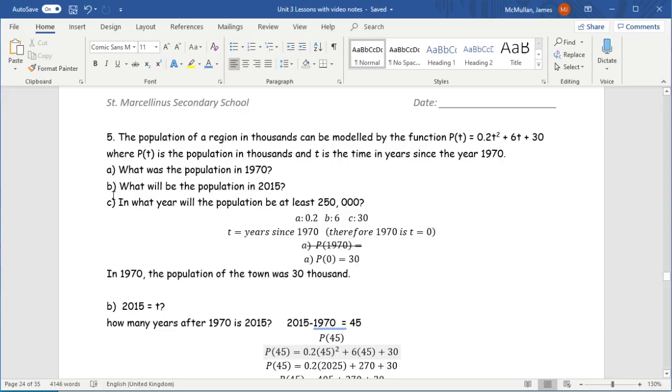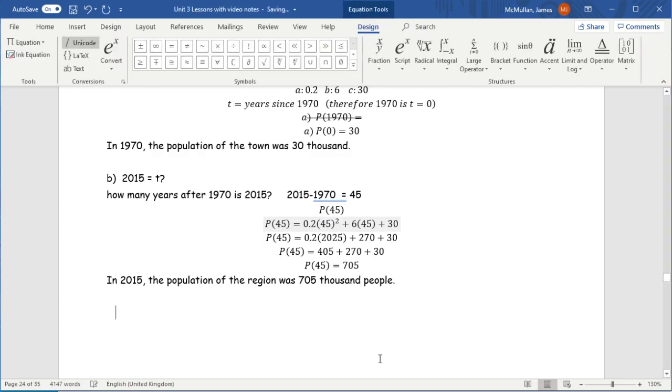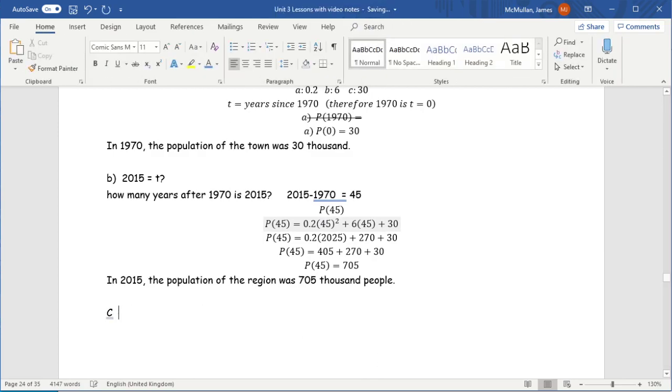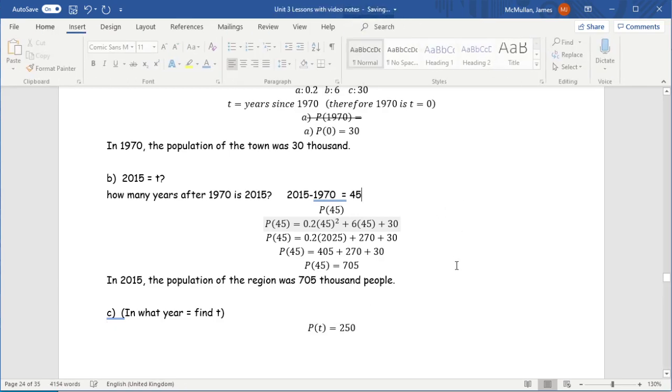Now, the third question is, in what year will the population be 250,000? So for C, it's asking in what year. We need to find the value of t. So we don't know t, but we know that P of t is equal to 250.